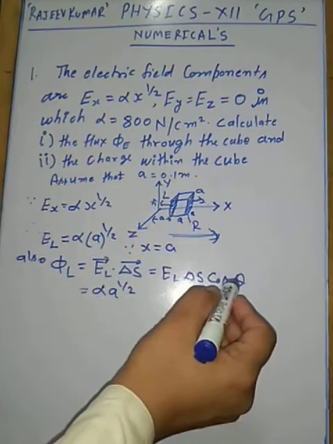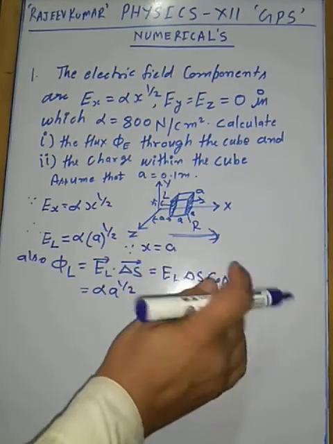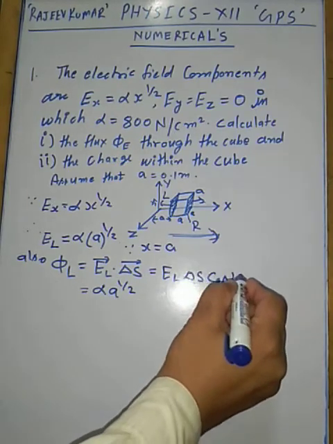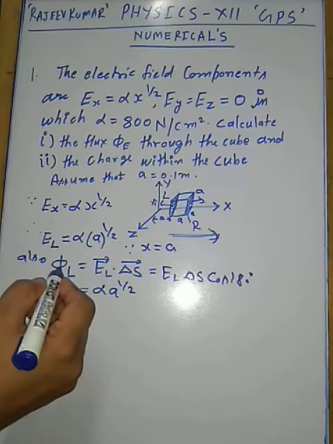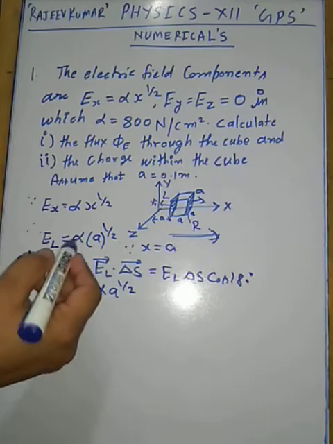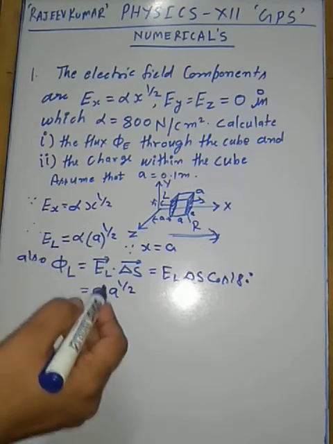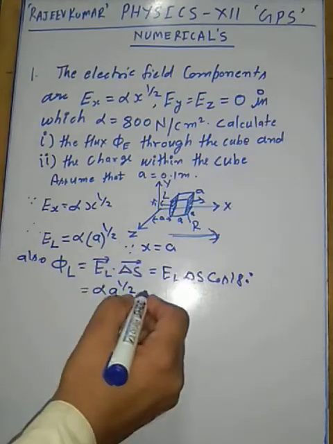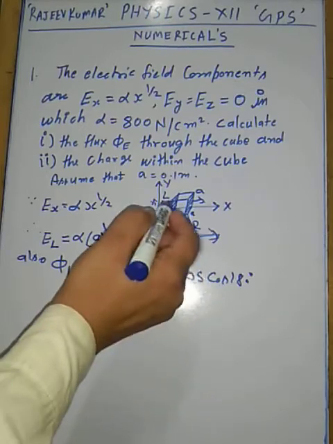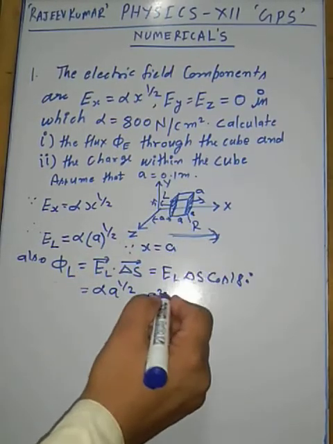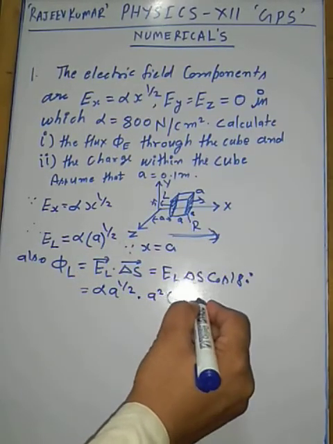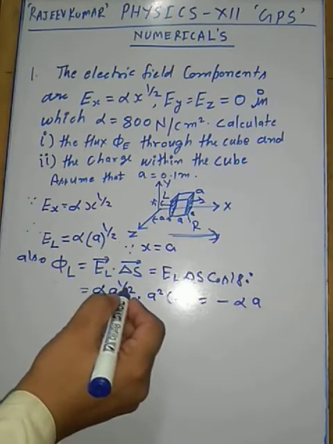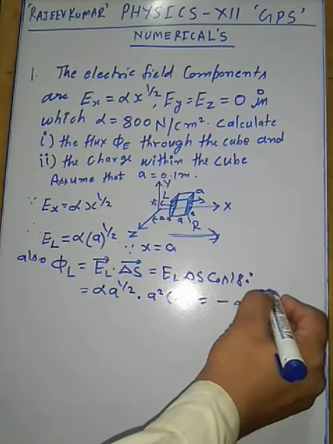There must be an angle of 180 degrees between them. Therefore we can put theta as 180 degrees. Now we substitute the value of EL, which is alpha a raised to the power 1 by 2, del S is a square, which is the area of the left face, and cos theta is -1, which gives minus alpha a raised to the power 1 by 2 plus 2, which is 5 by 2.